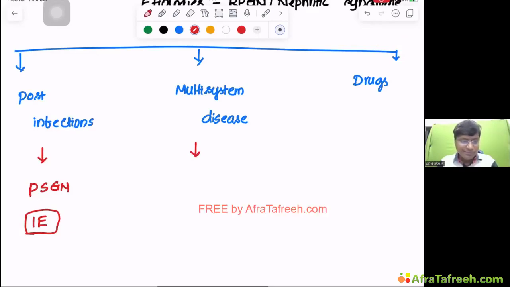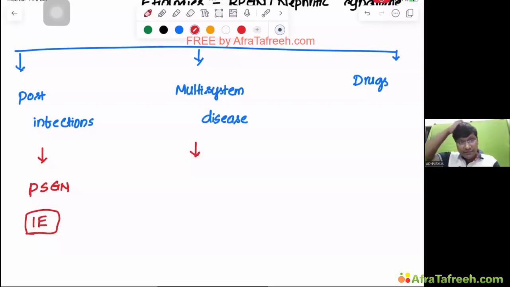The most common organism causing infective endocarditis is... none of you. We have discussed this, right? That is Staphylococcus aureus. Staphylococcus aureus is the most common cause for the development of infective endocarditis, followed by Streptococcus viridans and the rest.